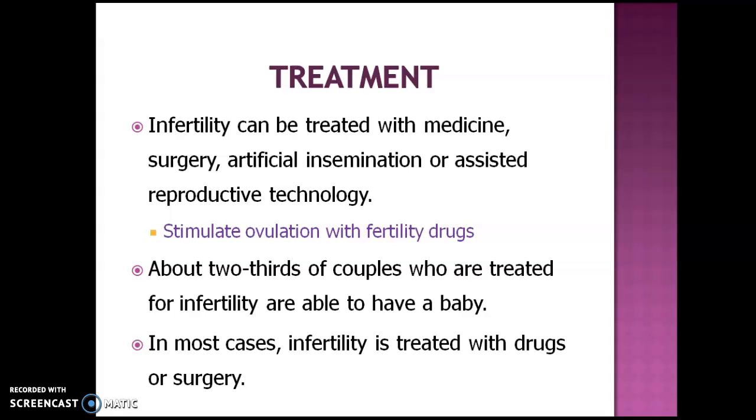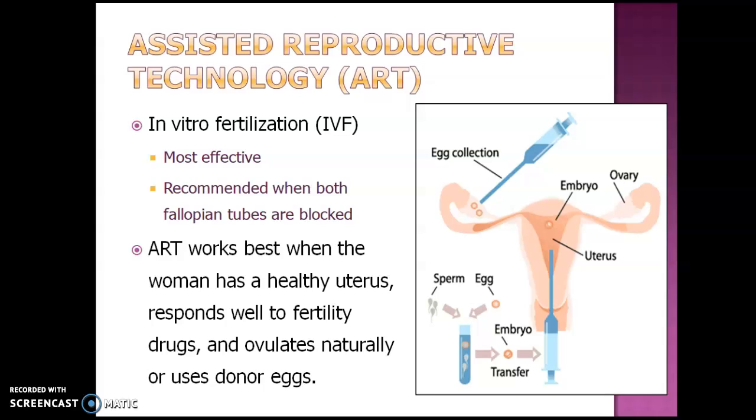In most cases, infertility is treated with drugs or, to some extent, with surgery. And if all these fail, we can go for another recommended method, that is assisted reproductive technique. We'll be discussing it in detail in the next video.